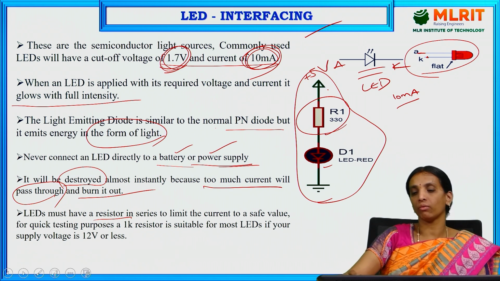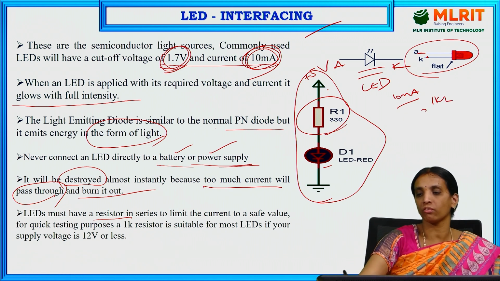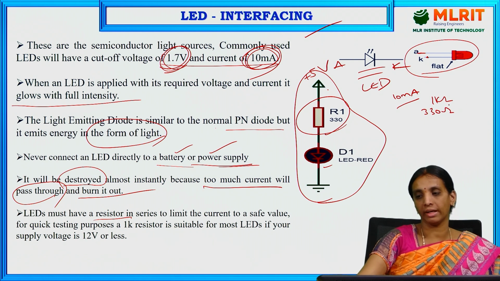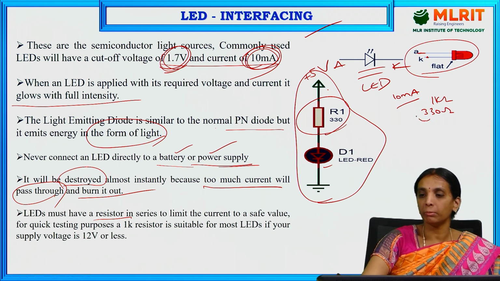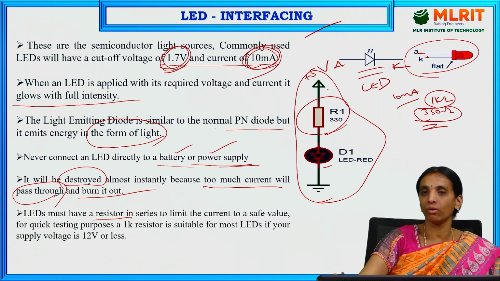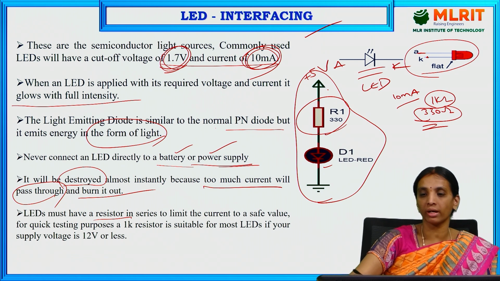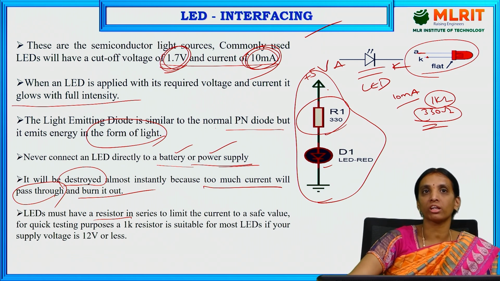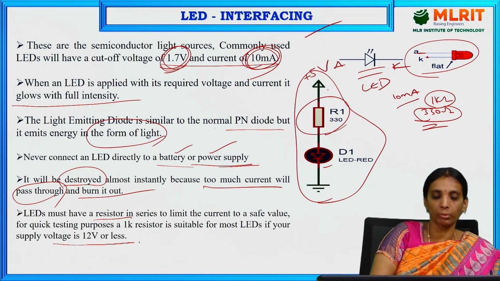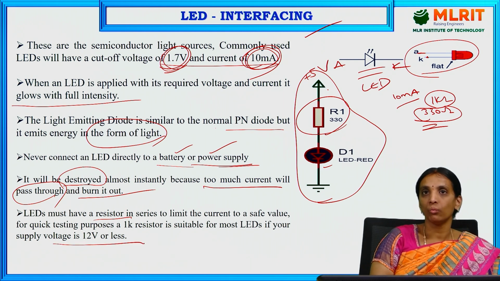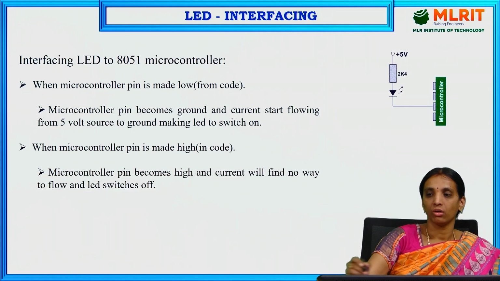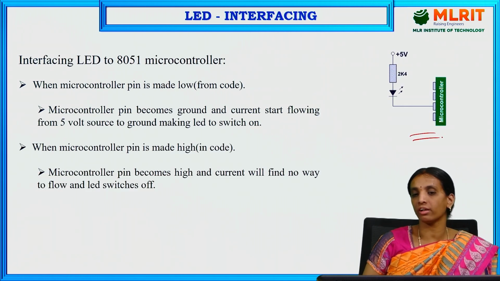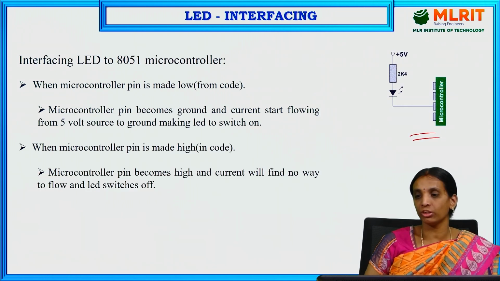Whenever we use a 1 kilo ohm resistor or a 330 ohm resistor, the current will be limited by these resistors, so we get a safe value of current through the circuit. For quick testing purposes, a 1 kilo ohm resistor is suitable for most LEDs. If the supply voltage is 12 volts or less, we can go up to 1 kilo ohm resistors. This is the connection for how we can interface our LED with the microcontroller.